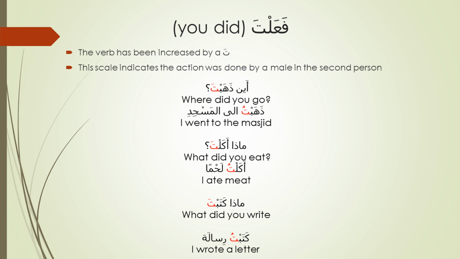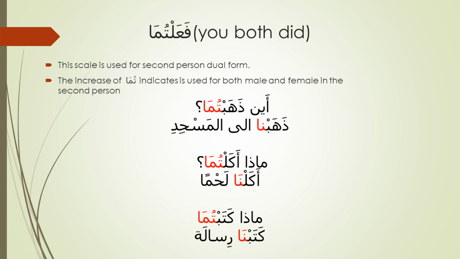Then the next scale that we'll take is you both did. We have our root letters fa'ala plus tuma. What I mean by root letters is, if you look at dhahabtuma, the first example, aina dhahabtuma, the root letters are in black, and the red is the increase.